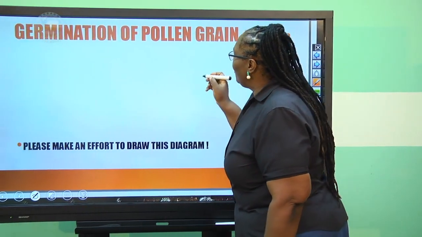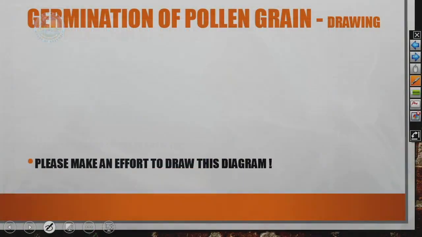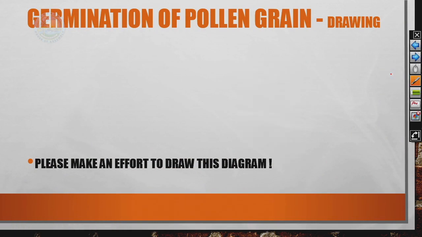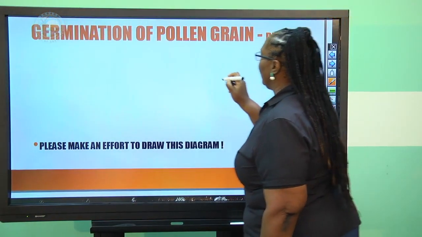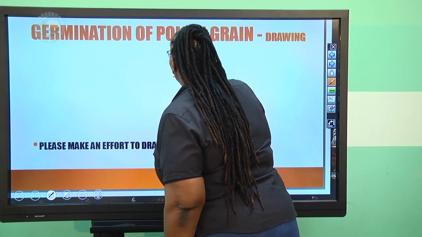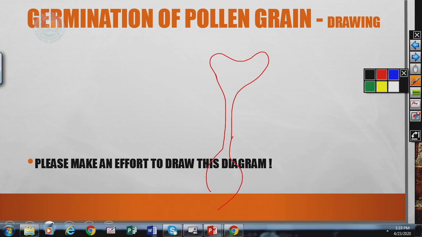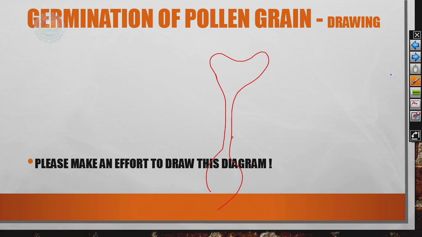So if we have the pollen grain, normally we have the stigma, right? And we will have the style. So we have the stigma, the style, and the ovary.